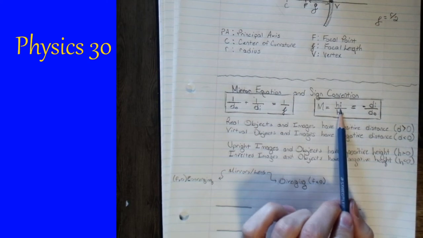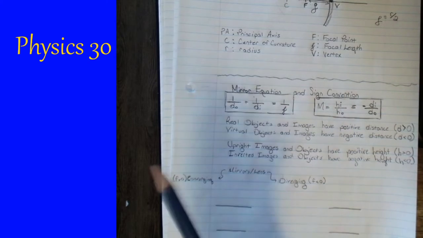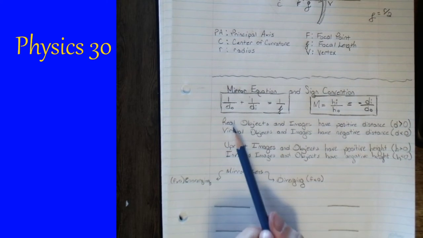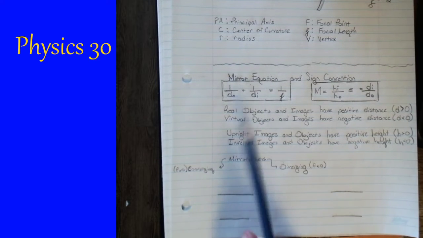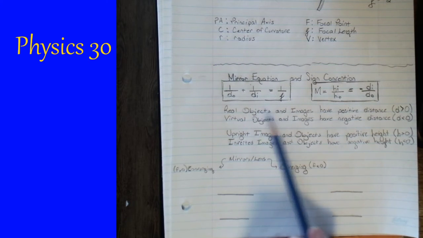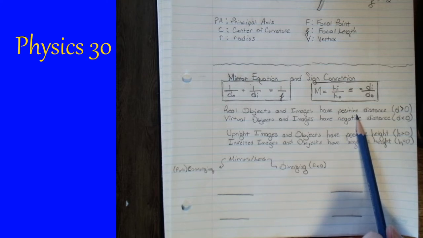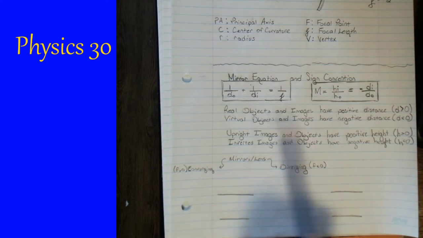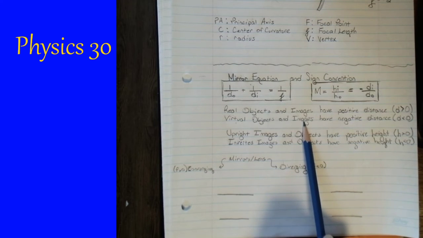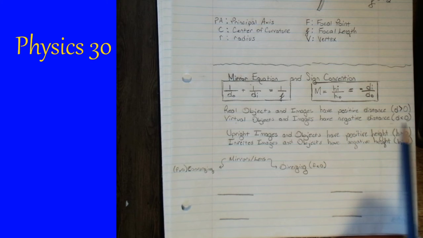So with these two equations, we have a sign convention for quantities that are going to be positive or negative. And it looks a little bit like this. Real objects and images will have a positive distance, whereas virtual objects and images will have a negative distance.